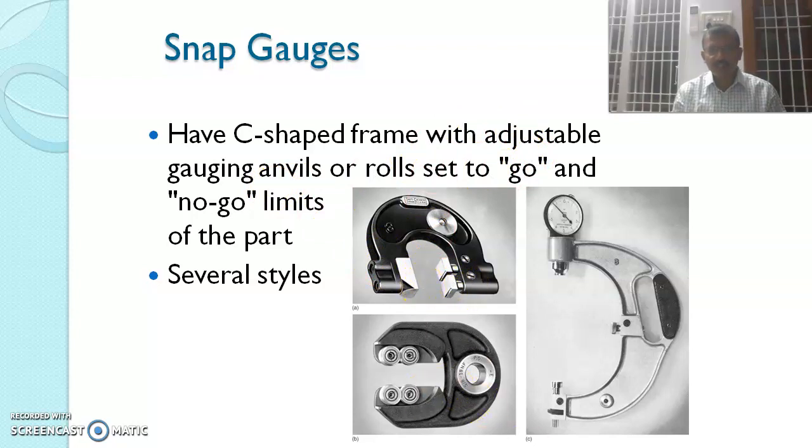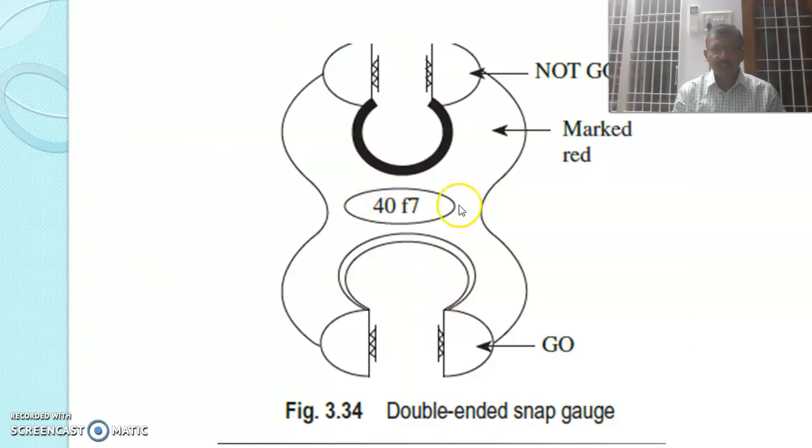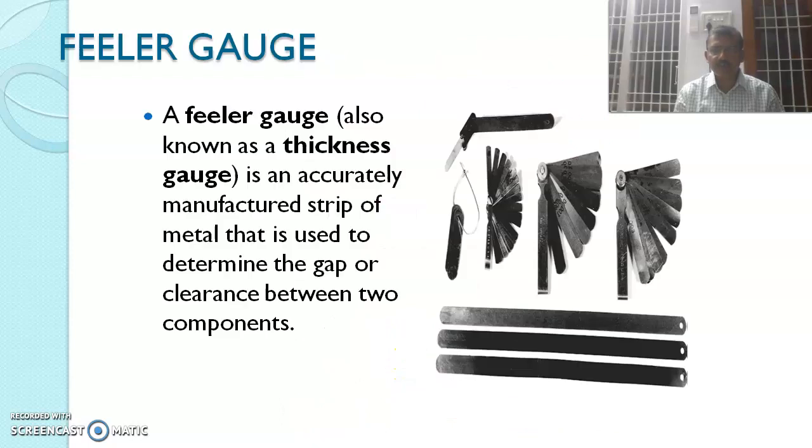In the diagram, this is a go end, and adjustable anvils are provided to set the required dimension. This is a not go end, where you can also set the required dimensions. This is called a snap gauge, used to measure the diameter of the shaft.